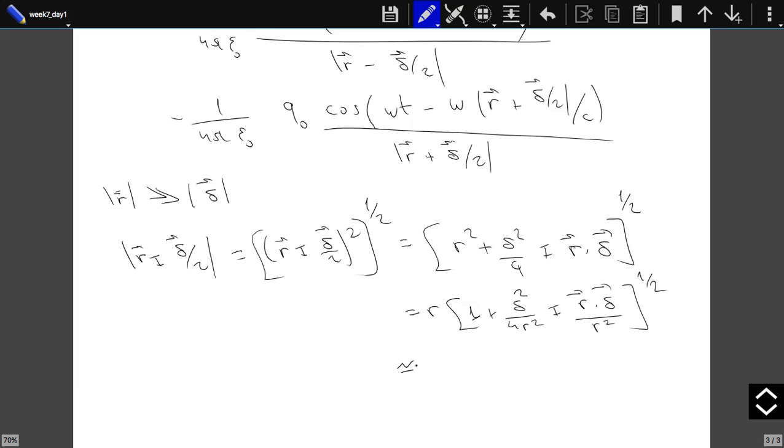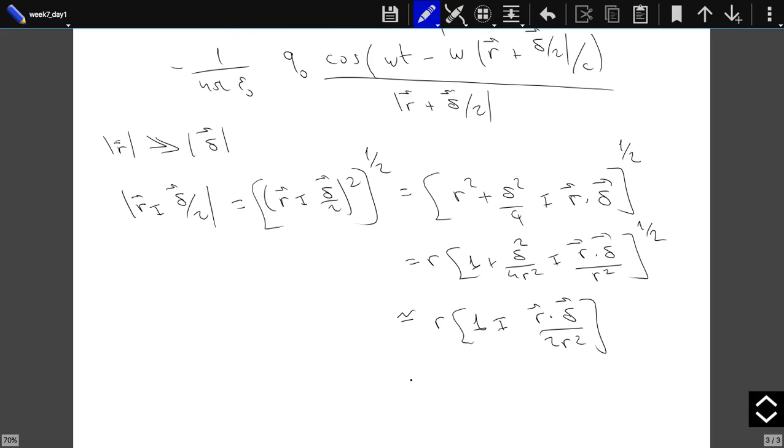So this is around R (1 ± R dot delta over twice R squared), which is R ± R hat dot delta over 2.